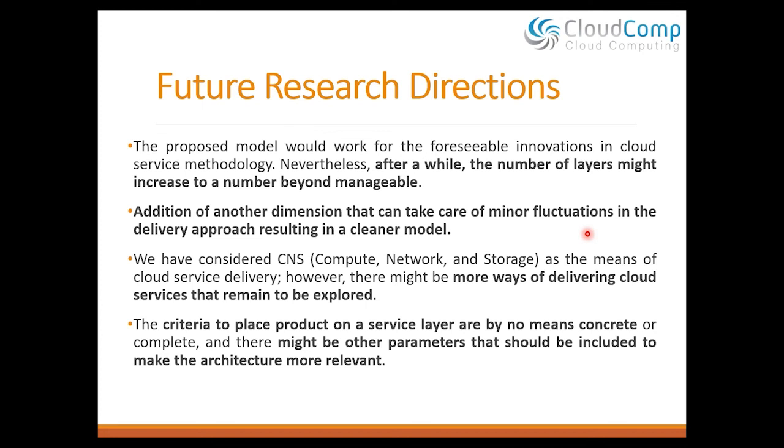We have considered CNS, compute, network and storage, as the means of cloud service delivery. However, there might be many other ways to deliver cloud services that have to be explored. The criteria to place products on a service layer are by no means concrete or complete, and thus there might be other parameters that should be included in the architecture.